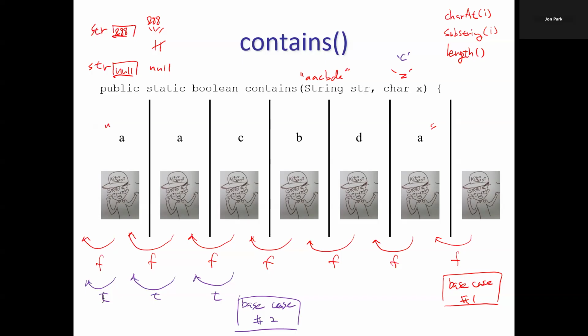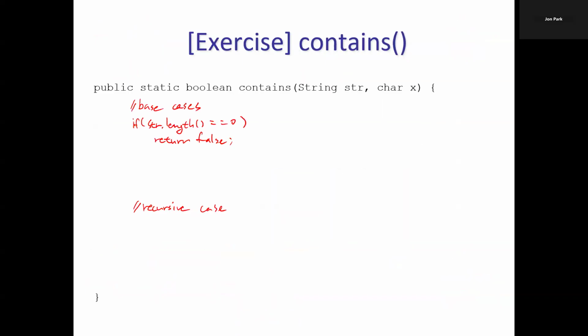Right? So we're always going to check the first letter. If string dot charAt 0 is what we're looking for, then return true.